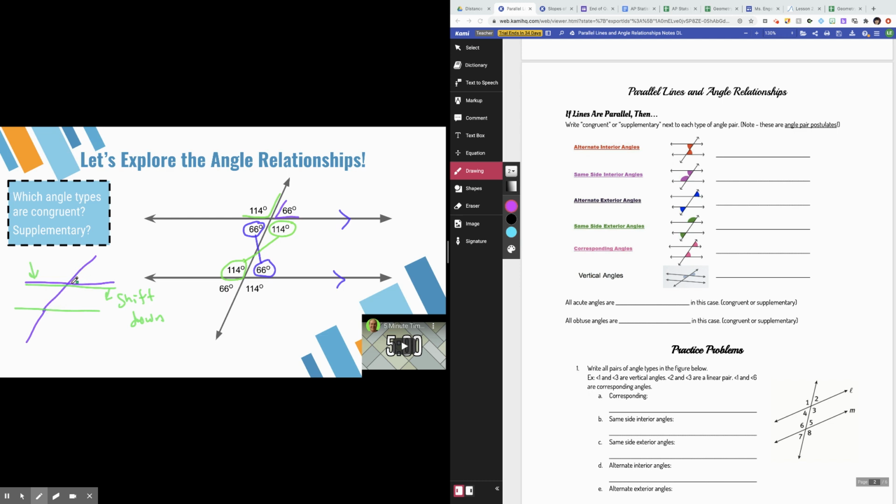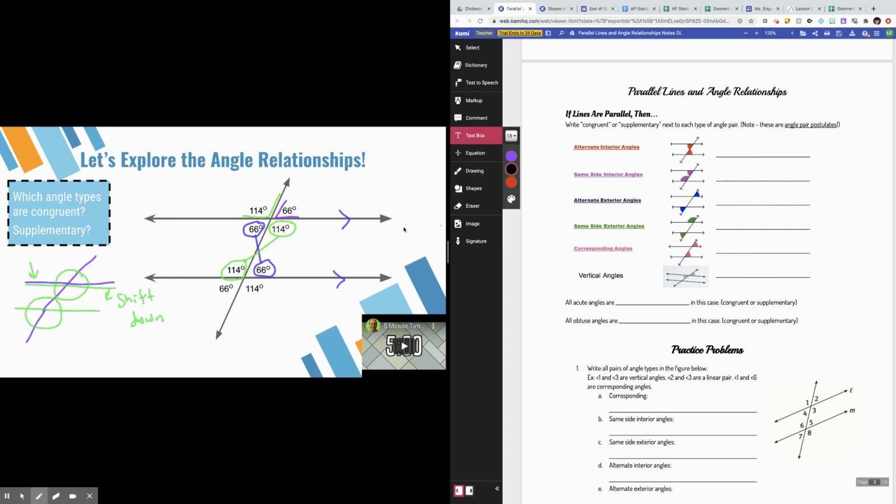You're basically taking this group of four angles that you see here and copying it and moving it down here. So all of our acute angles are the same and all of our obtuse angles are the same. What that means is that we're going to have a lot of these angle relationships where it will give you two angles that are congruent, meaning that their measures are equal.